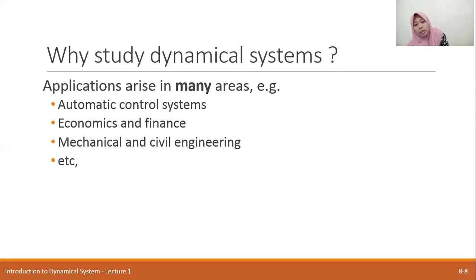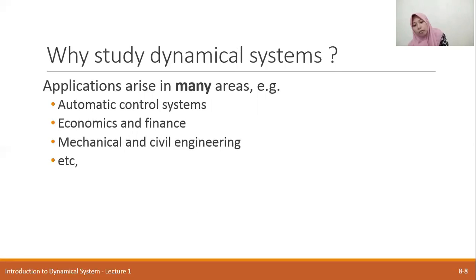The second one, maybe you are familiar with, is economics and finance. Economics and finance is totally basic. If you look at the evolution of an economy, it comes up all the time. In finance as well, most of the models are just dynamical systems, actually linear dynamical systems.